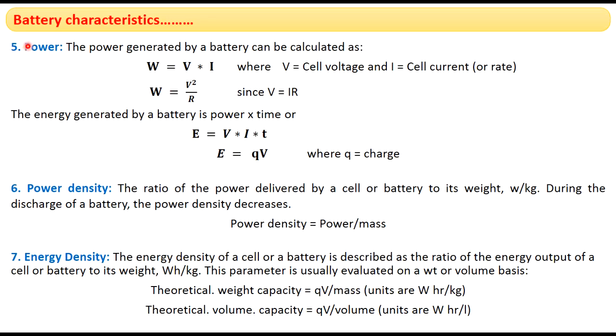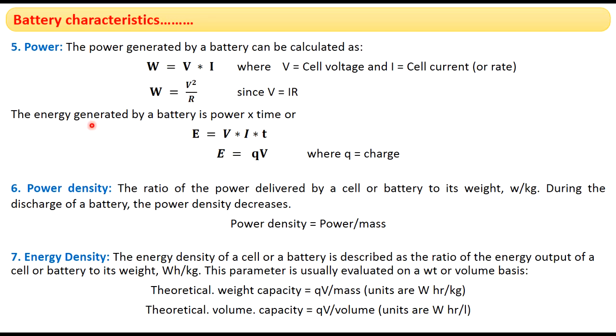Next characteristic is power. Power is the product of cell voltage and cell current, that is given by W is equal to cell voltage V into cell current I. We know that from Ohm's law, V is equal to IR. Substituting that here, we get power W is equal to V²/R.